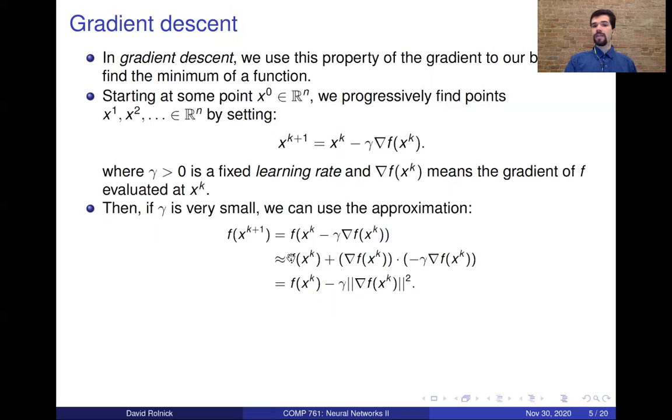It's very similar to if we had evaluated the function at the starting point, and then taken the gradient dotted with the amount by which we perturbed it. So that is going to be equal to this. This is an approximation to what we're doing, and you see we're decreasing the function by the amount of the norm of the gradient.